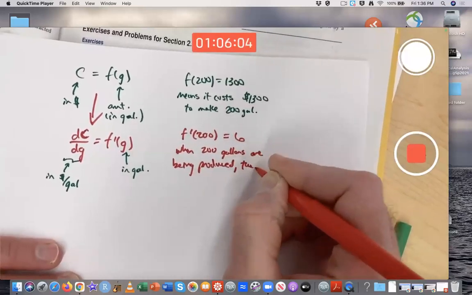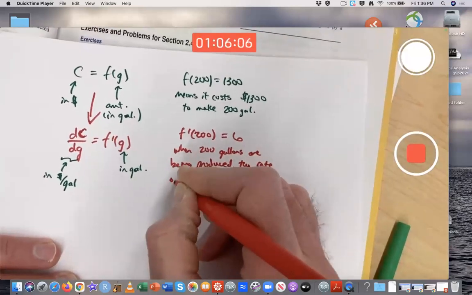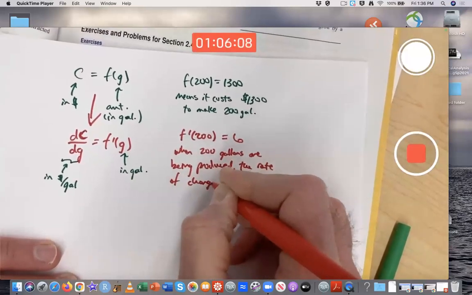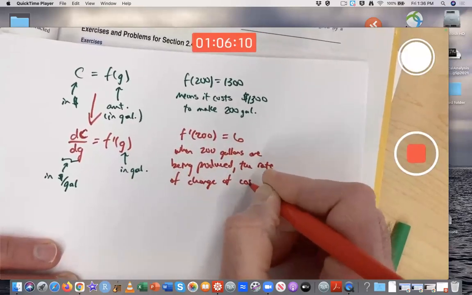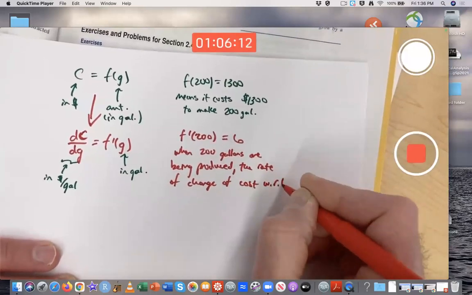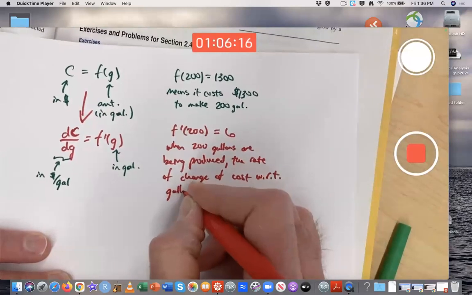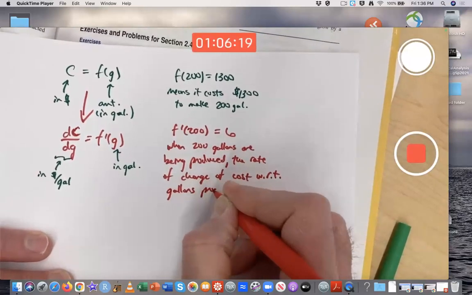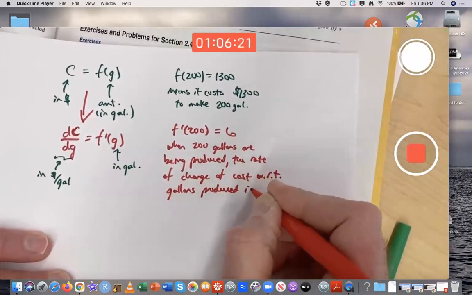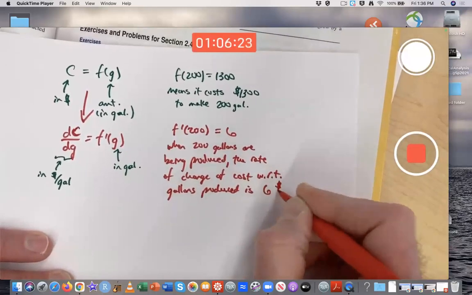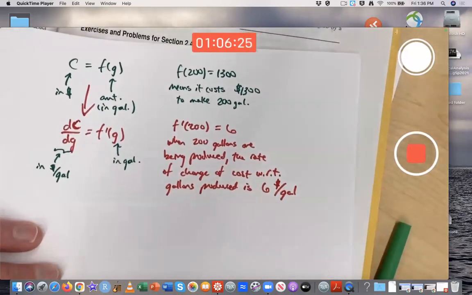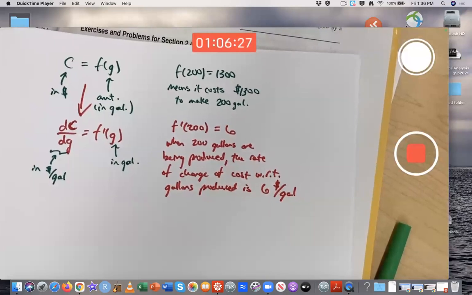The rate of change of cost with respect to, you can abbreviate to WRT, gallons produced is $6 per gallon. That's also called a marginal cost. You don't have to write that down unless you want to.